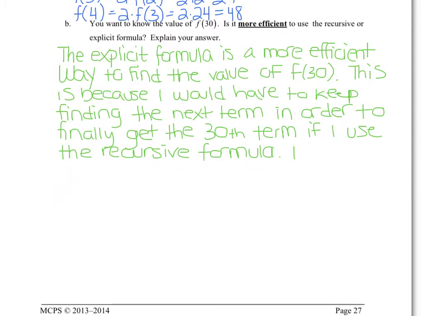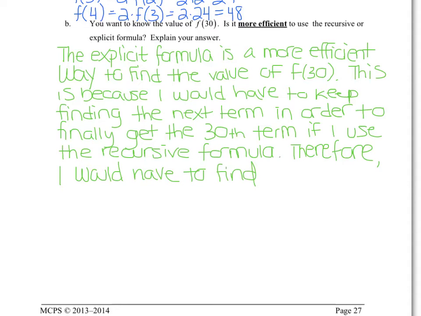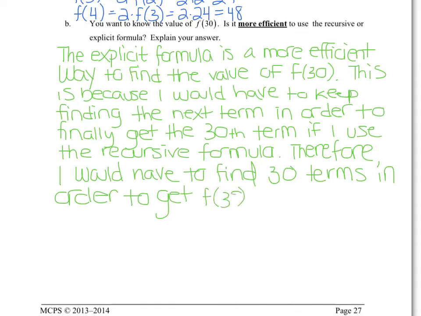Therefore, I would have to find 30 terms in order to get f of 30. Whoops, sorry.